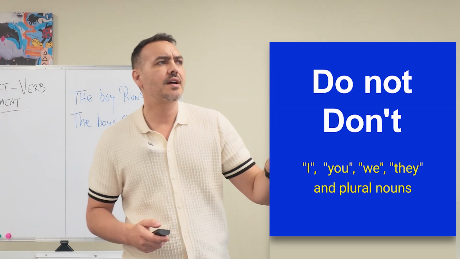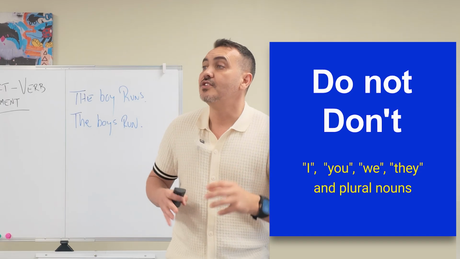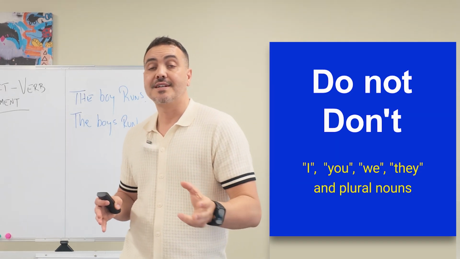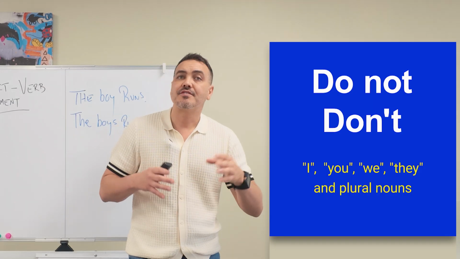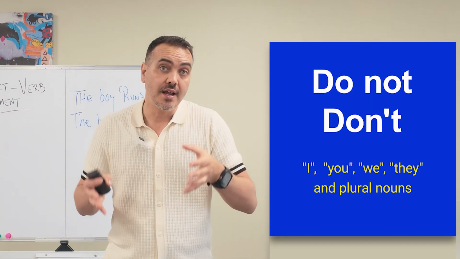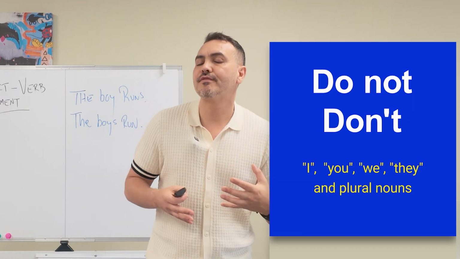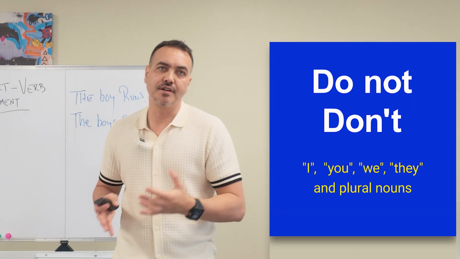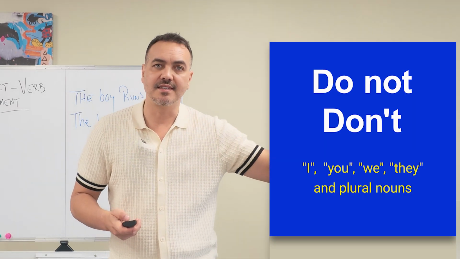They do not understand. The students don't have class today. So again, after does not or doesn't, we use the simple form of the main verb. So the correct way is she doesn't work.